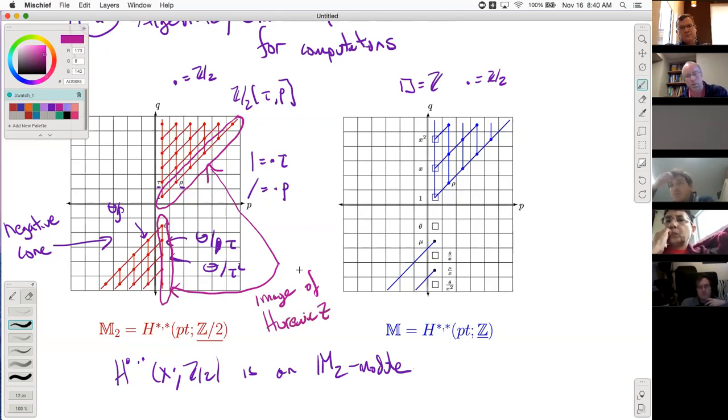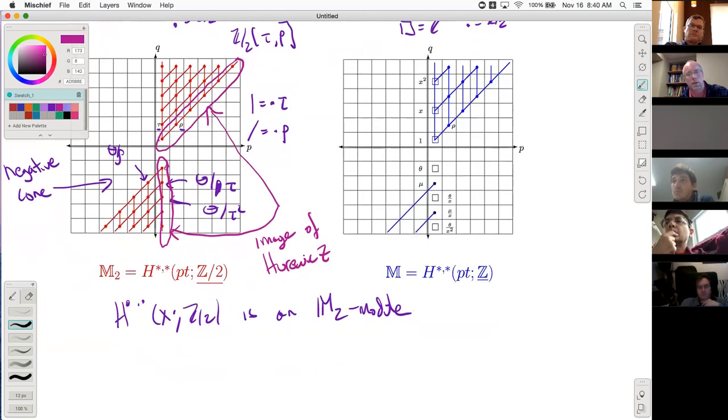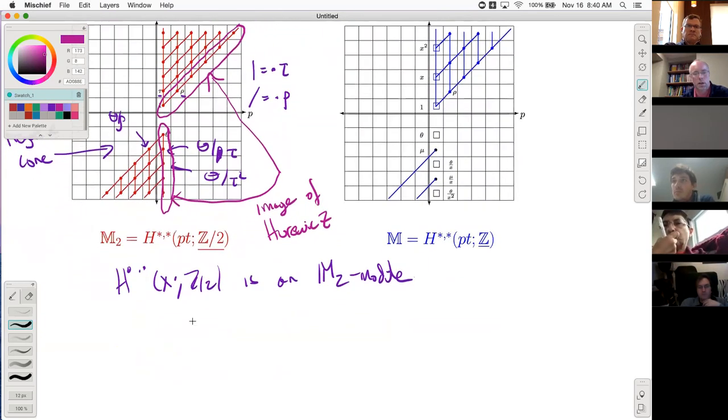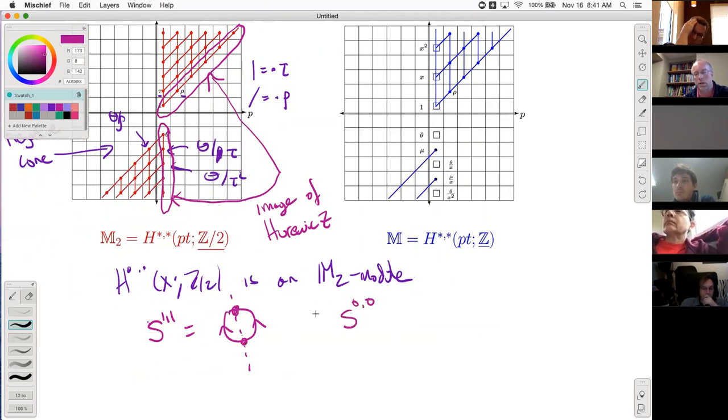Let me just explain a little piece of it real briefly. So S^{1,1} is this object. It's a circle with the reflection on it. And inside there, you see 2 fixed points, which is an S^{0,0}. And this map is rho.